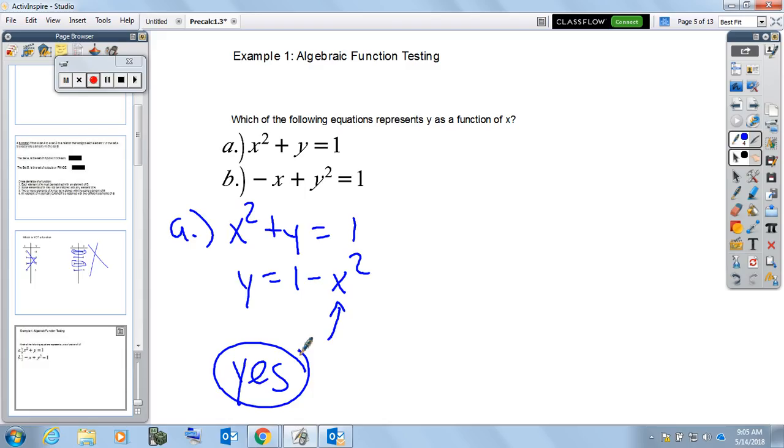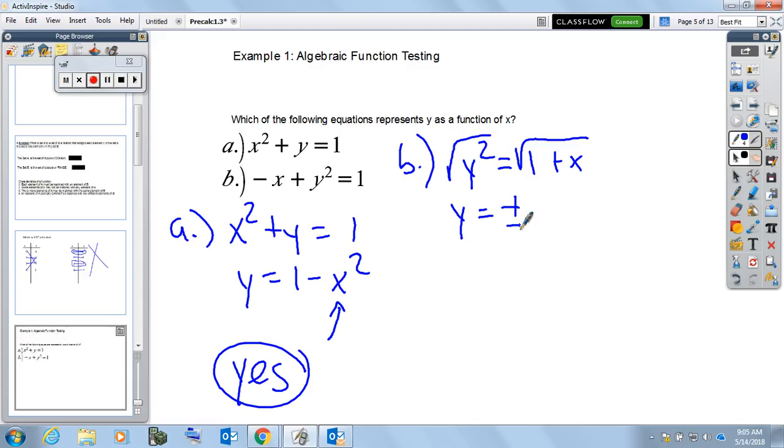All right, what about part B? Let's go ahead and solve for y first and foremost. So we get y squared, I'm going to add the x over, and we're going to root both sides. We're going to get y equals plus or minus the root of 1 plus x. So let's think about this for a sec. If I substitute 1 in for x, you get plus or minus the square root of 2.